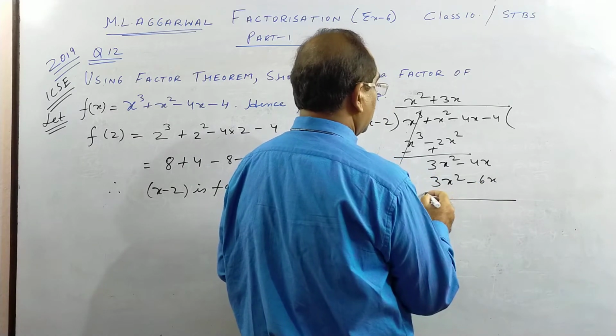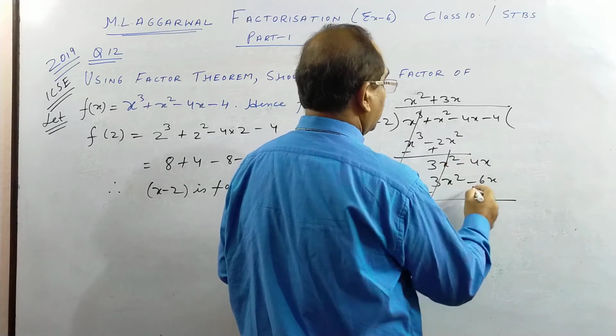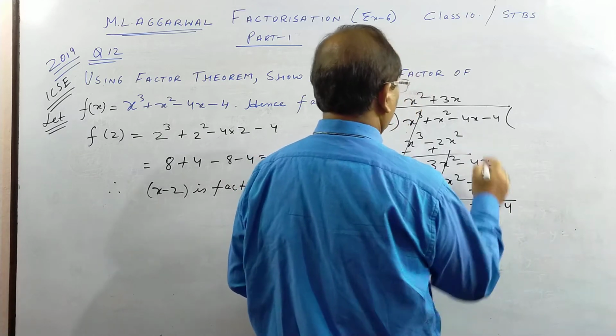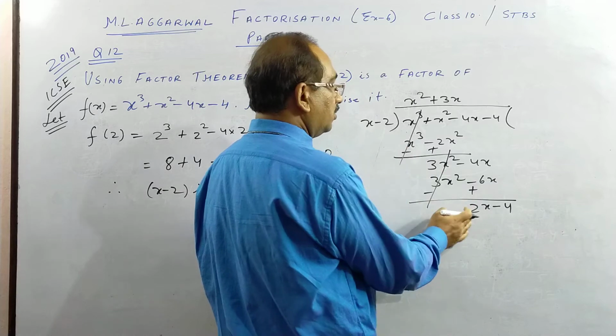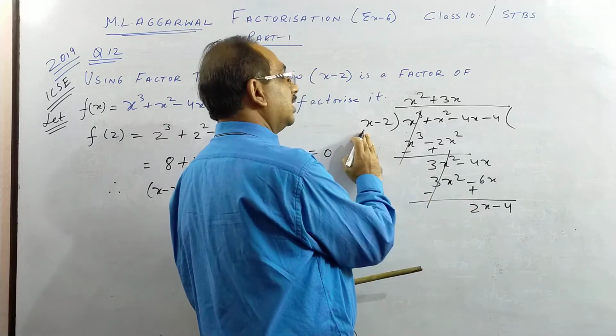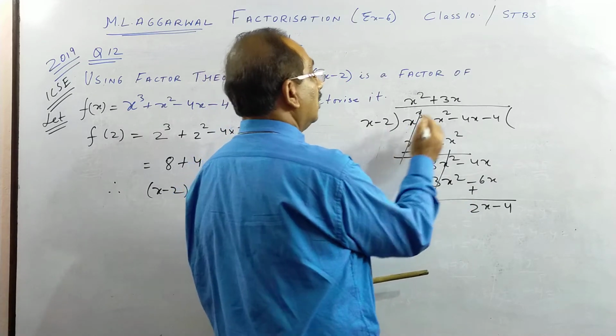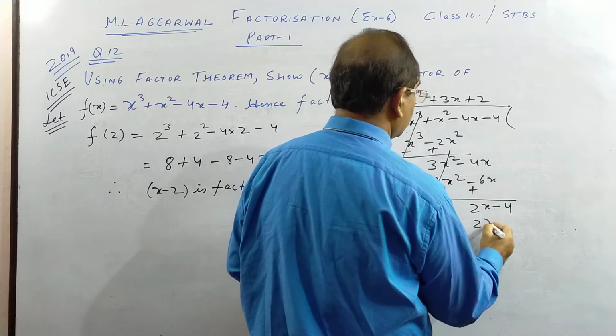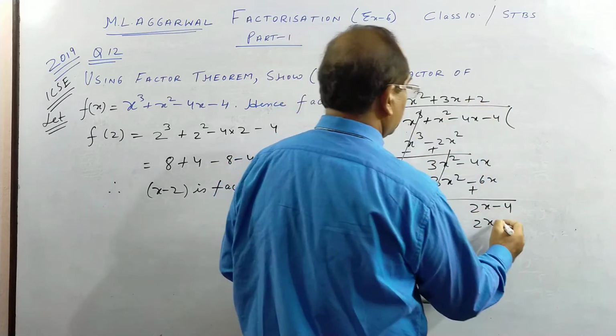When we subtract, we get 2x minus 4. To make x equal to 2x, we multiply by 2. So 2 into x is 2x, and 2 times minus 2 is minus 4.